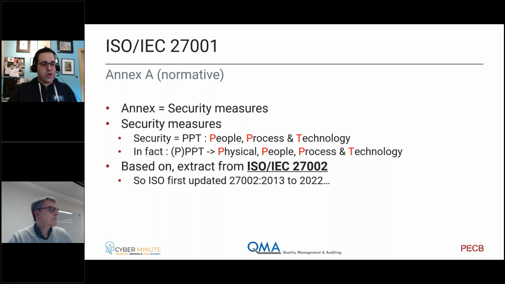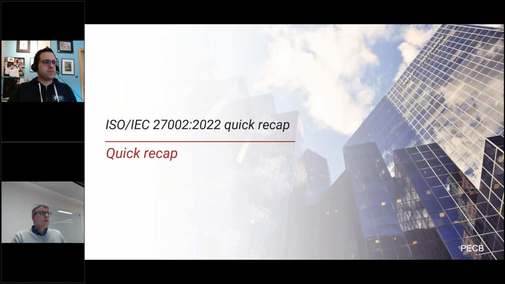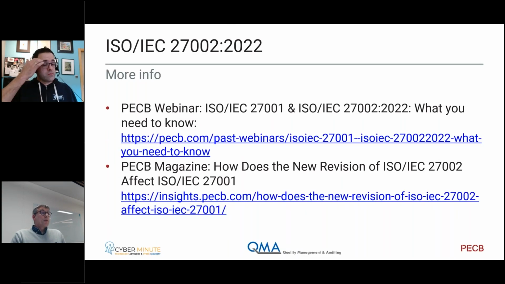Right. Just a quick wrap up, Stefan, for the 27002. Yeah, for the 27002, there was a webinar that PCB already did to make the link between the two of them.